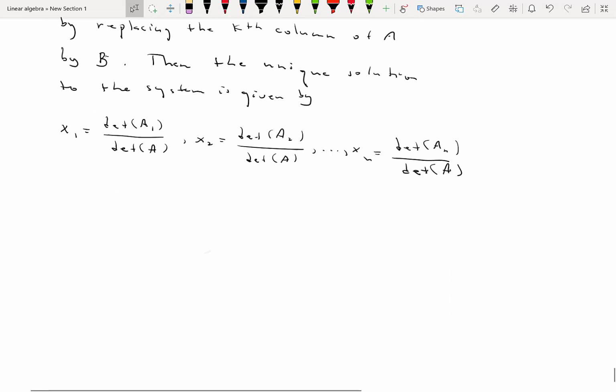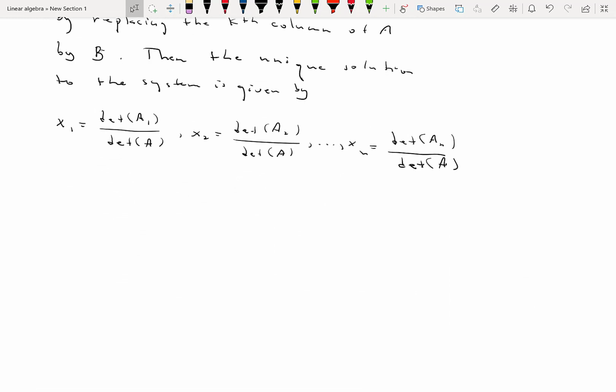Okay, I want to do one very simple example for you. So solve by Cramer's rule. I'm going to make up a system right off the top of my head. So the system is going to be 3x minus 4y equals 7, and x plus 2y equals negative 1.